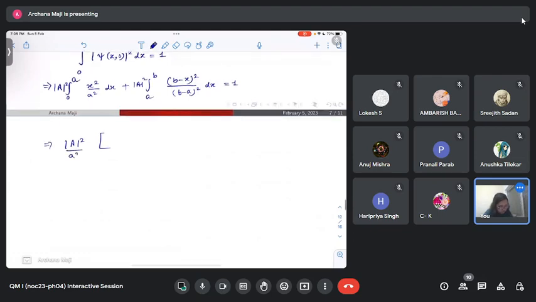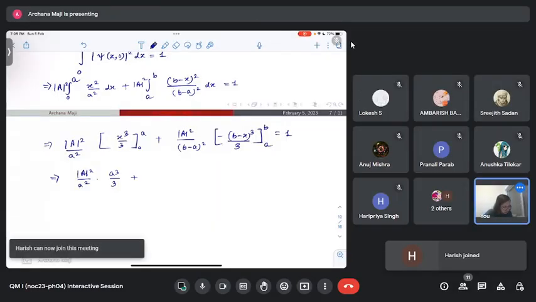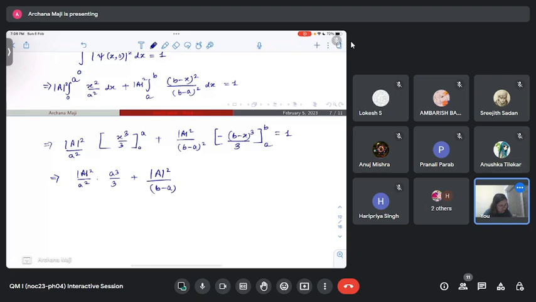Okay, so A square, this will give you x cube over 3, 0 to a, plus the second term with (b minus x) whole square, and this will give you minus of (b minus x) whole cube over 3, a to b. So a cube over 3 plus 1 over 3.